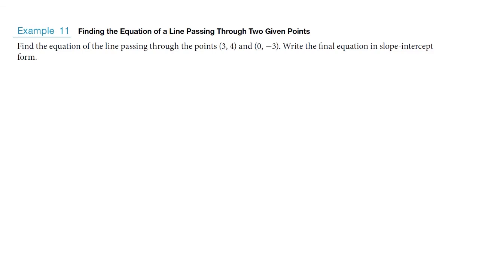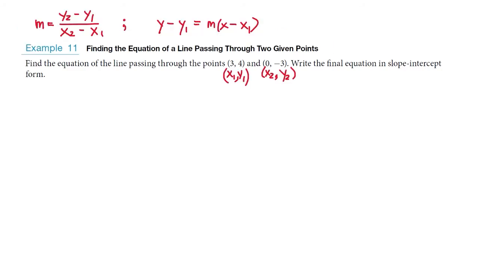Example 11 asks us to find the equation of a line that passes through 2 given points. In this case, we're also going to have to use the point slope form, but we're going to have to begin by finding the slope. The 2 points are 3, 4 and 0, -3. I'm going to call the point 3, 4, x1, y1 and the point 0, -3, x2, y2.